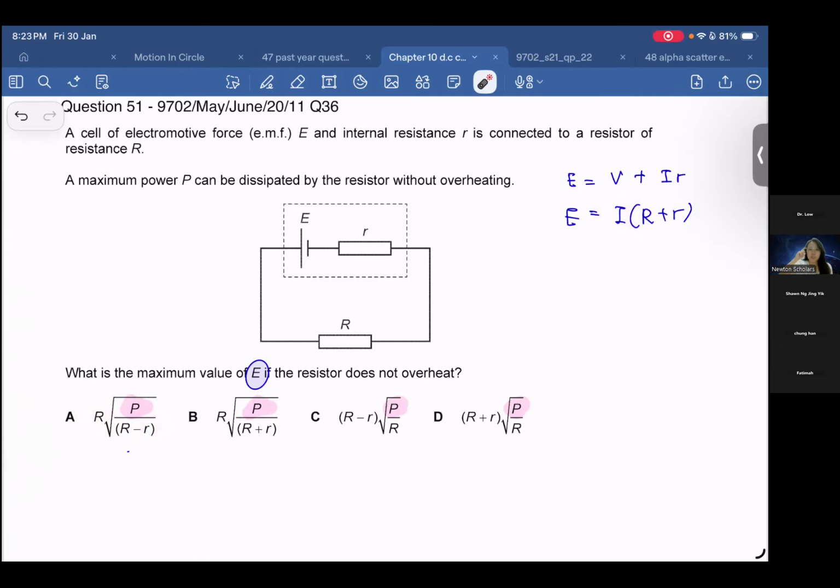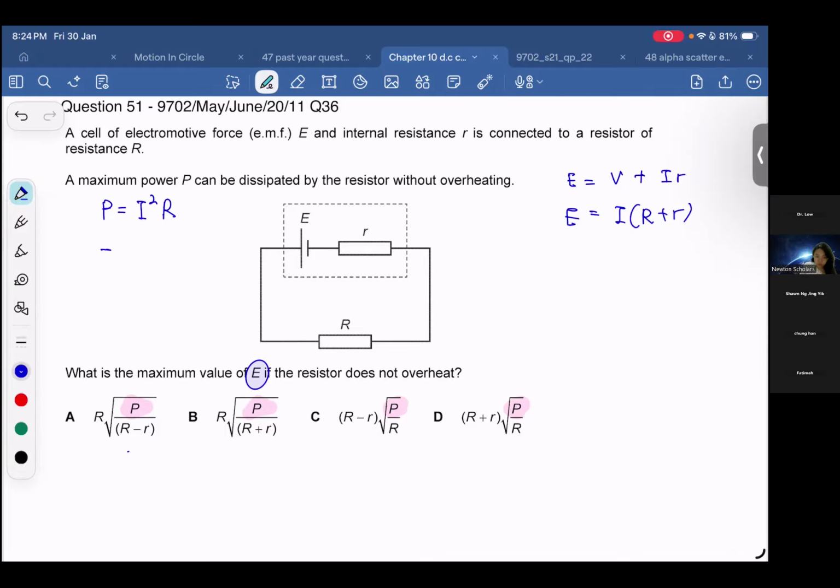So your idea must be to think how I can replace my I with something with P. I in terms of P. So you have to think what formula relates with I. P equals, we have three formulas for power. I squared R, right? Another one is P equals VI, but options A, B, C, D don't have V, so we don't need that. We use P equals I squared R.